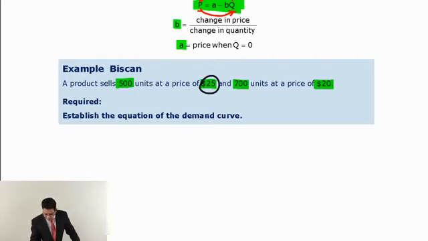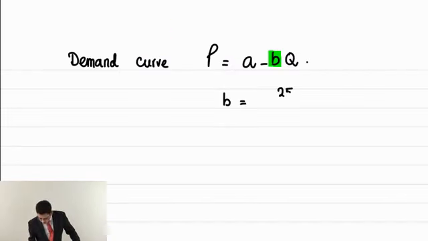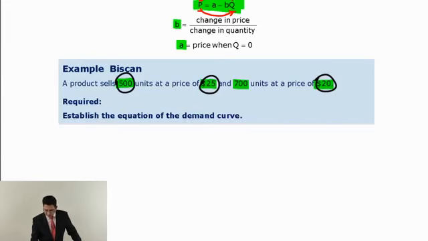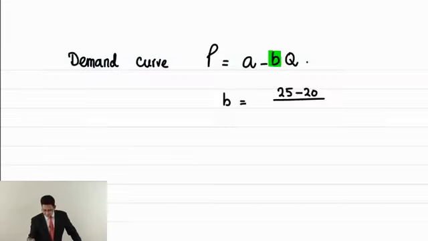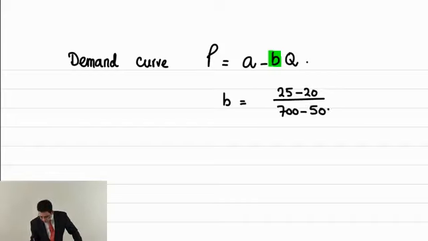Here the difference in price, between 25 and 20, is simply 5, divided by the change in quantity or difference in quantity. One quantity is 500, another one is 700. Put them in the calculator in such a way that you don't end up with negative answers.